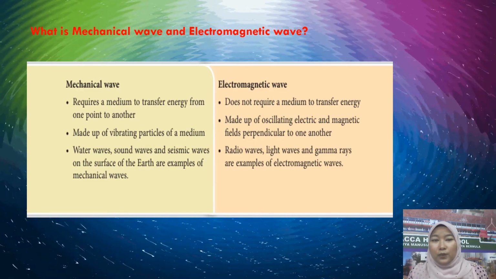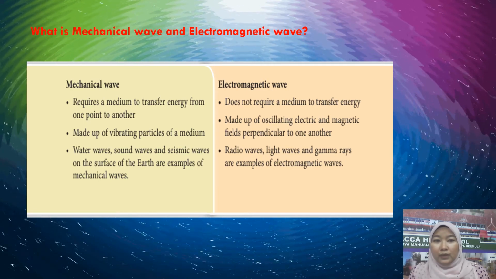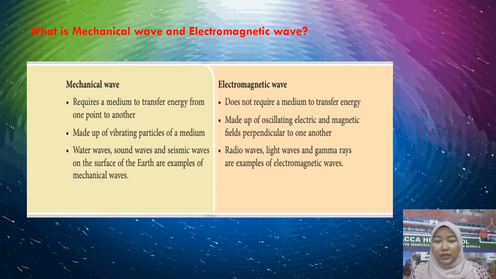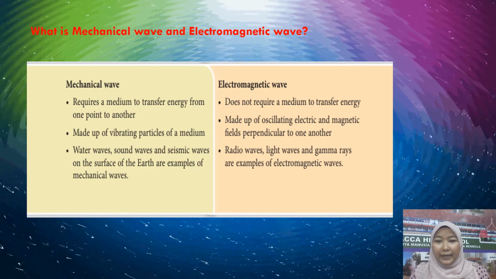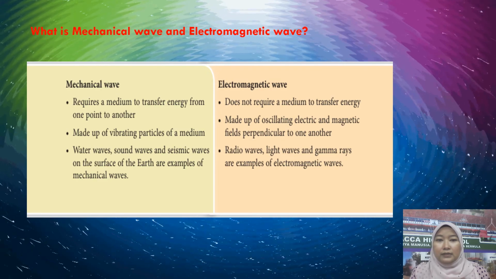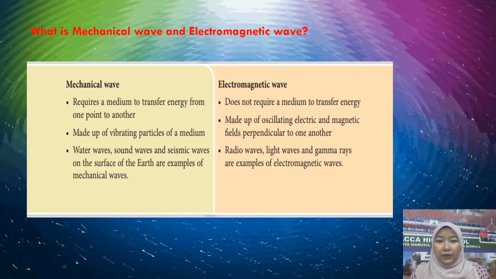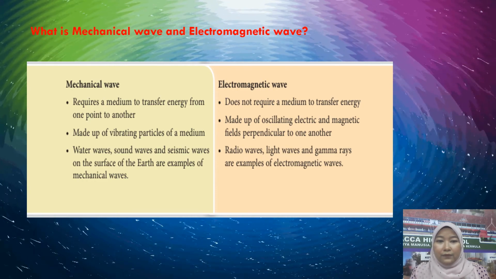Okay class, what is mechanical wave and electromagnetic wave? Mechanical wave requires a medium to transfer energy from one point to another. Mechanical wave is made up of vibrating particles of a medium, such as water wave, sound wave, and seismic wave on the surface of the earth.